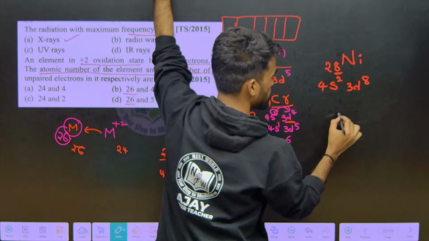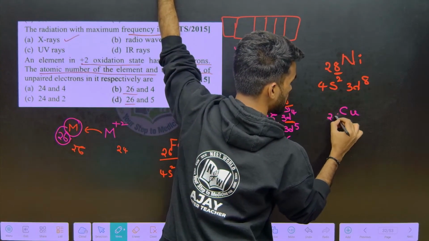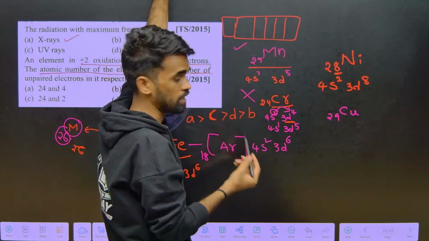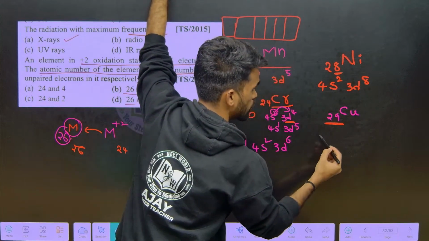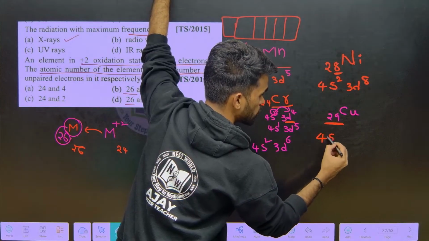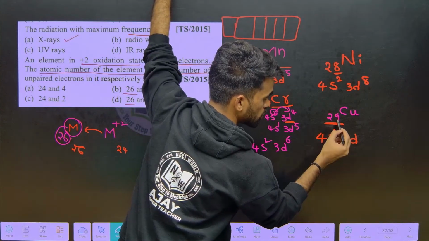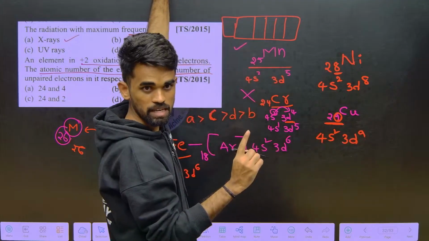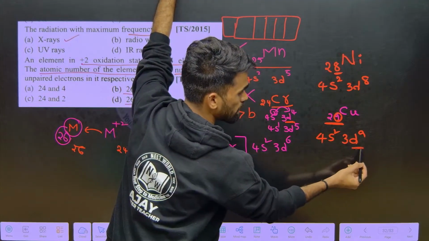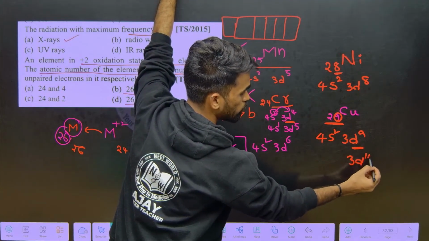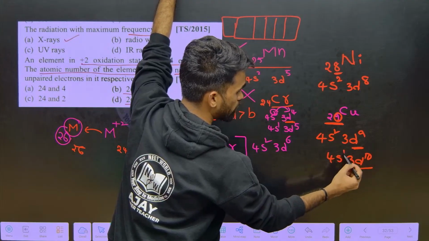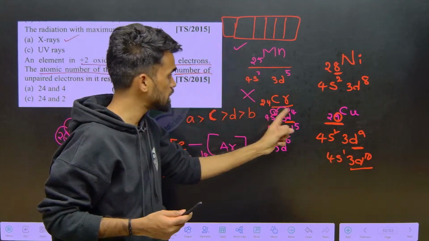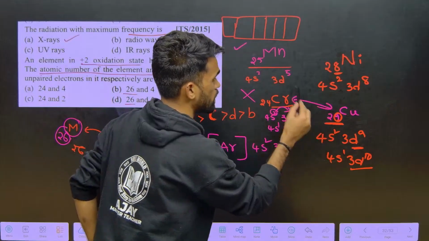So d10 means if I say copper, 29, in this case you should think again about the configuration. Write it: 9, you write as it is. Now if I give one electron, it becomes full filled. So again that's why a variation in electronic configuration. These 2 things you should remember, chromium and copper.